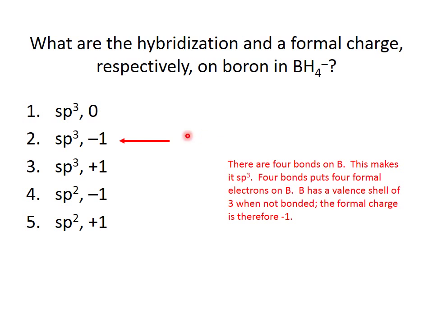If I do the Lewis dot structure of this molecule, I will find that that boron has 4 bonds on it. 4 bonds on an atom makes it sp3, so it's going to be one of these three. Then boron with 4 bonds would have 4 electrons on it formally. Boron has a valence shell of 3, so 3 minus 4 gives you -1. This is the correct answer.